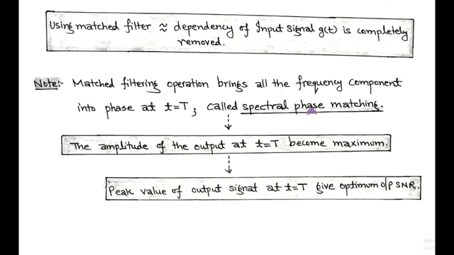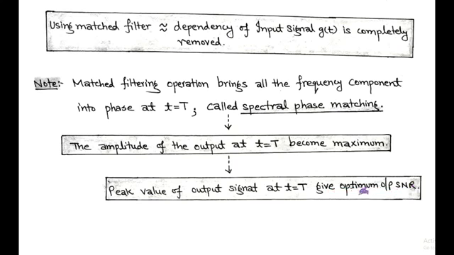During this spectral phase matching, the amplitude of the output becomes maximum. And this peak value of output signal at t equals capital T gives the optimum output signal to noise ratio. And this optimum output signal to noise ratio is used for the optimum detection of baseband transmitted signal.